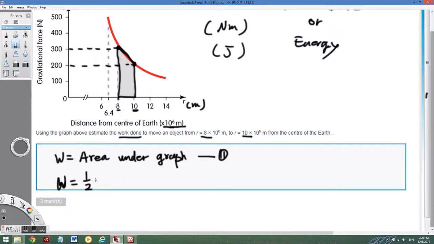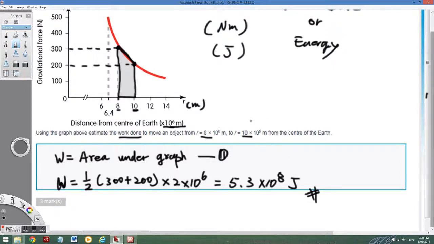So the area of the trapezium will be half, the base 300 plus the top 200, times the height, which is 2, times 10 power of 6 meters. Put it in your calculator, then you will have 5.3 times 10 power of 8 joules of energy, which is the work done.